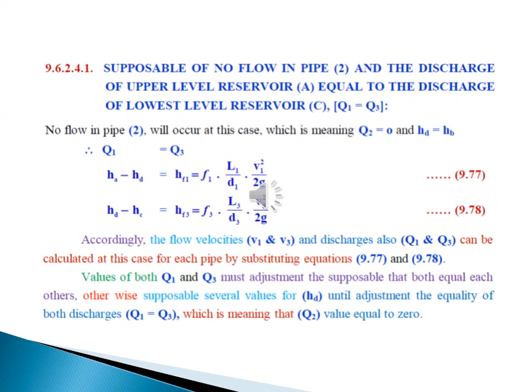Suppose there is no flow in pipe 2, and the head of the upper level reservoir A is equal to the head of the lowest level reservoir C. Look, my dear, no flow in pipe 2 will occur, and the flow velocities V1 and V3 and the discharges Q1 and Q3 can be calculated for each pipe by substituting in the equations as shown in the enclosed equation.